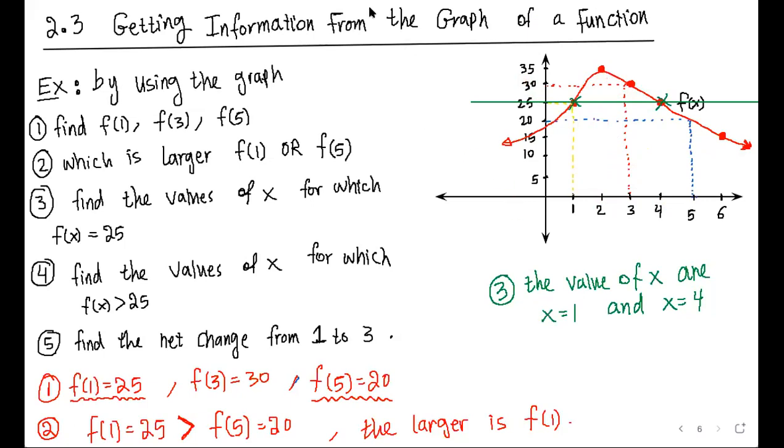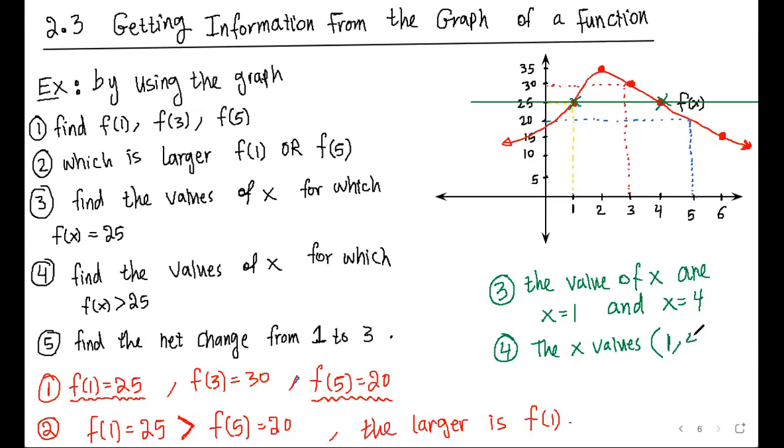So the solution for number 4, you can take all the values starting from 1 until 4, for example 1.1, it has a value greater than 25. And the same, all the values here have a value greater than 25. So the solution here, the x values, is the open interval from 1 to 4.